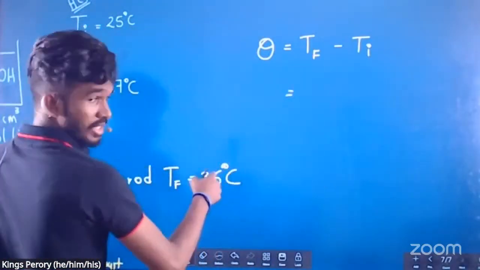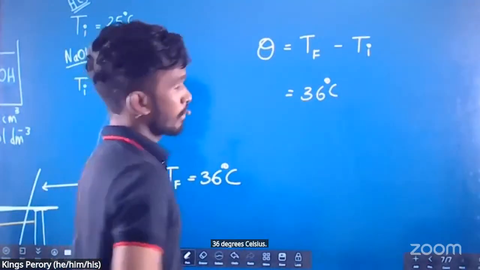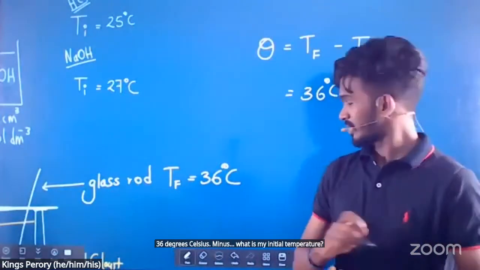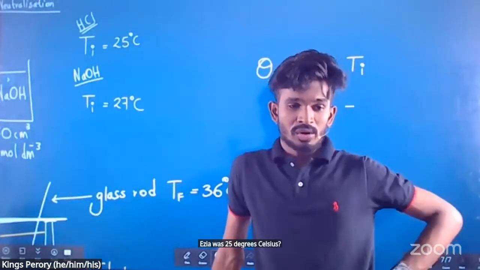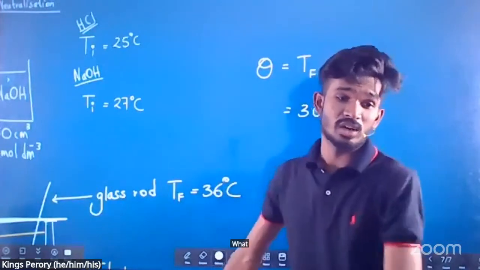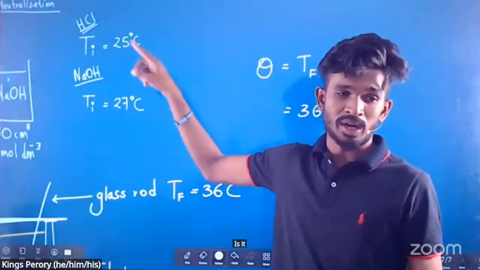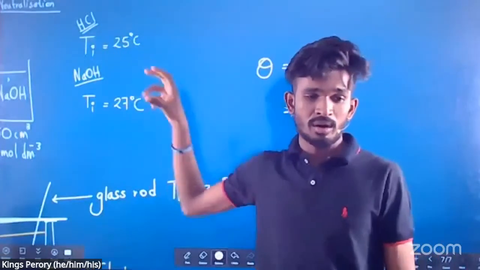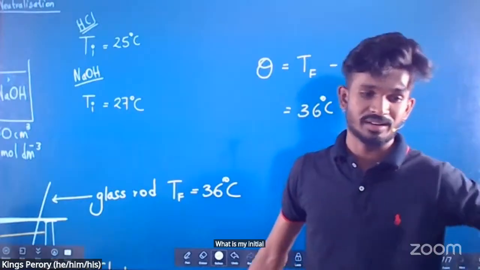Final temperature is 36 degrees Celsius minus... what is my initial temperature? HCl was 25 degrees Celsius. Sodium hydroxide is 27 degrees Celsius. What is my initial? What value am I going to write here? Is it HCl at 25 or sodium hydroxide at 27?